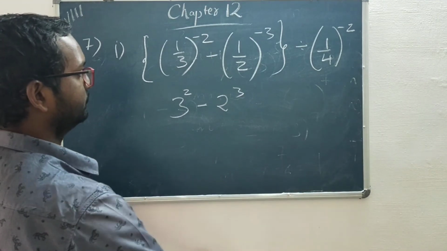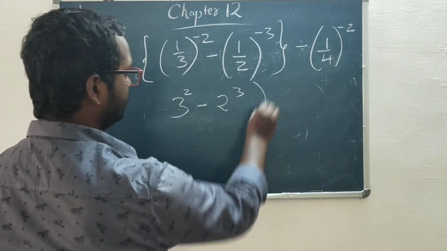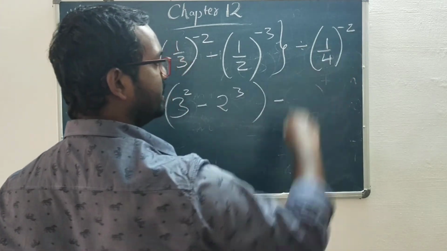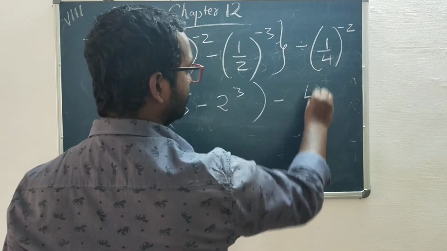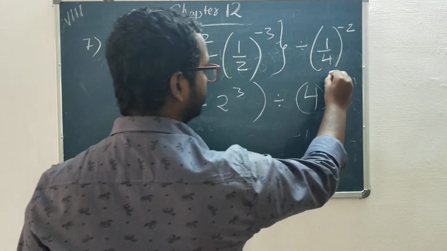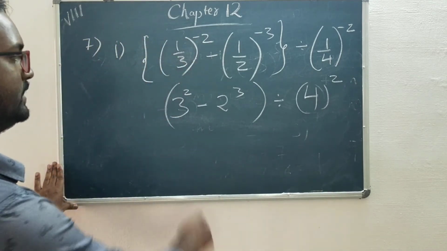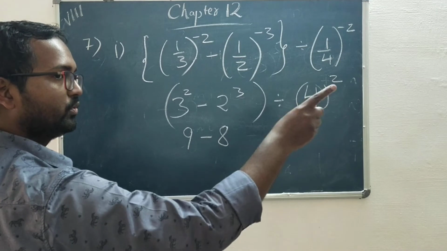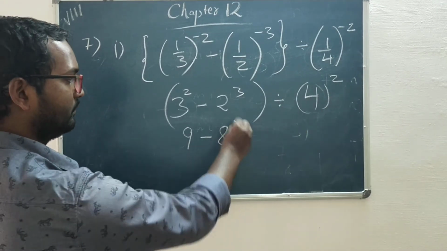Okay, next. Divided by 4 power 2. So this is 3 into 3, 9, minus this is 8, 2 into 2 into 2, 2 into 2, 4, 4 into 2, 8.